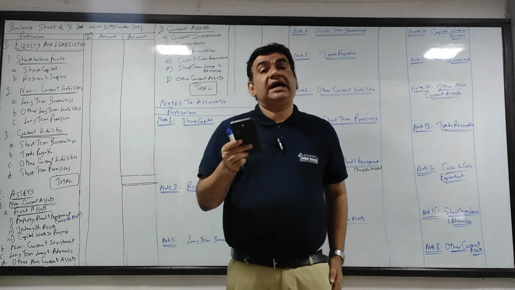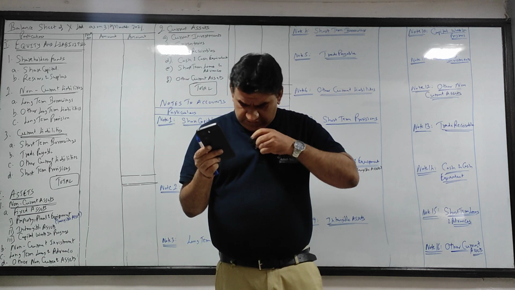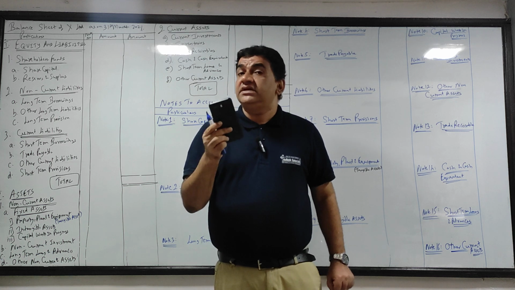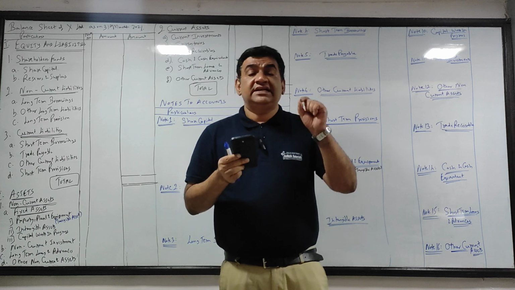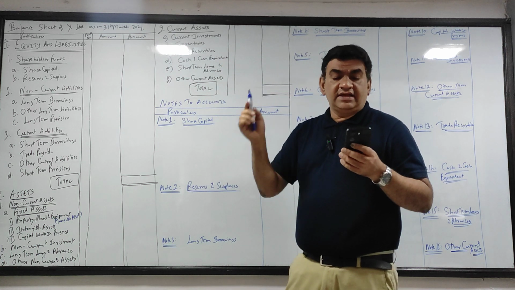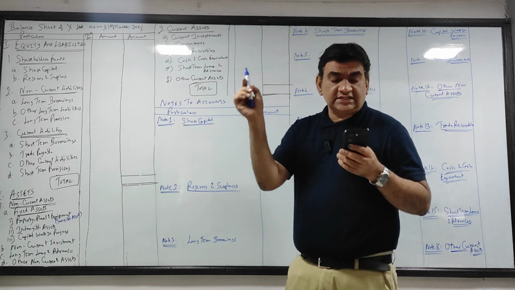Marketable investments will be short-term investments. Therefore, they will go under the head current investments. So write CI there. In front of preliminary expense write ONCA, other non-current assets.